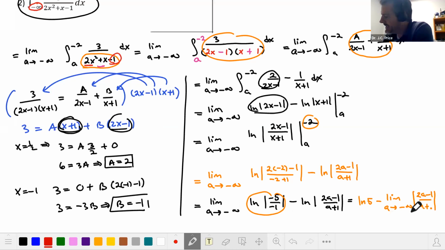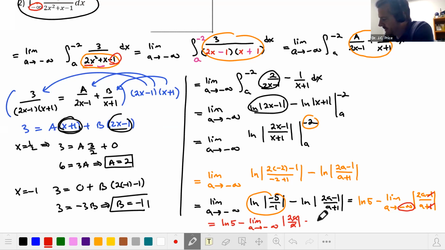When you're doing limits that involve infinity, you can actually cross off these lower degree terms on bottom and top. And so this is going to be equal to ln of 5 minus the limit as a goes to negative infinity of absolute value of 2a over a. And of course, now the a's are going to cancel.